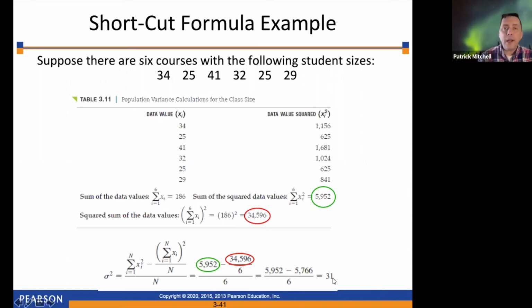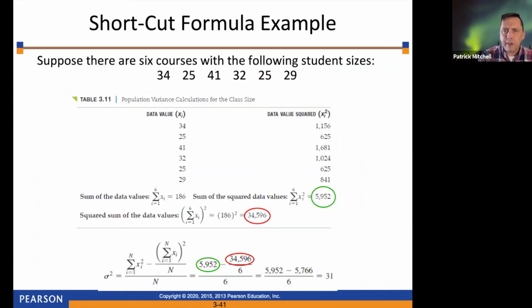So 31 would be the variance of the population, and the units for that would be students squared. Each of these is a number of students, so variance would be students squared.